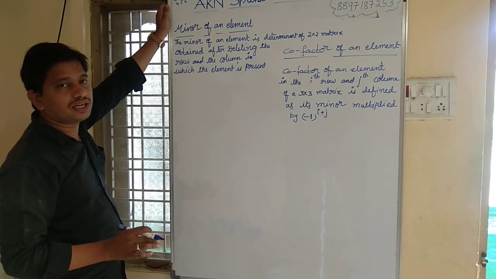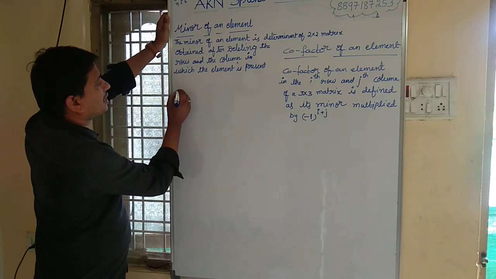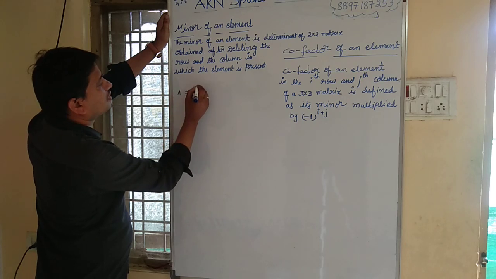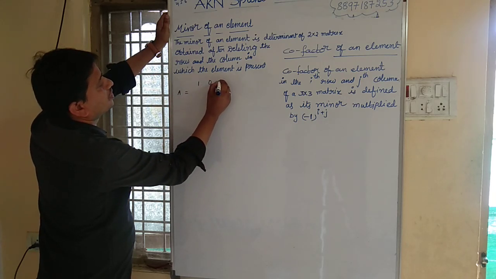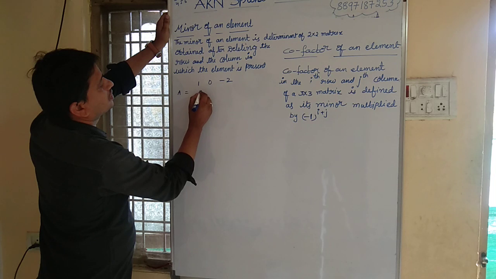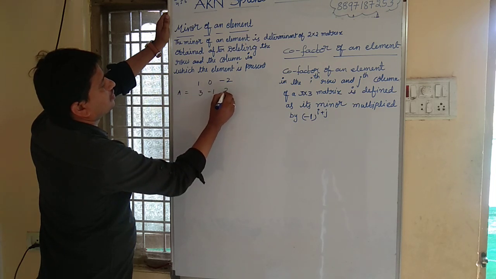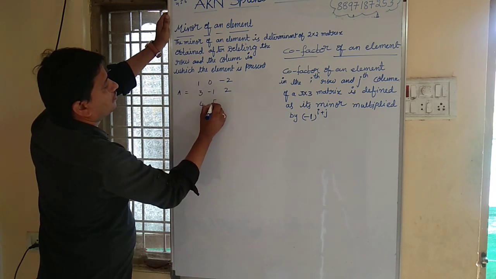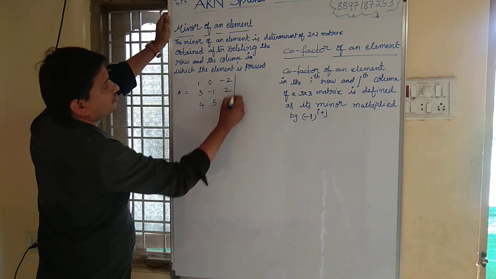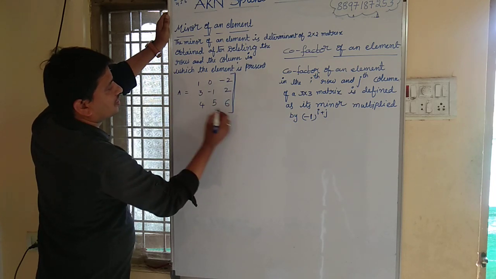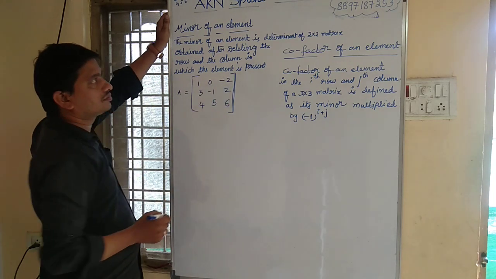Children, let me explain with an example. For example, consider a matrix A equal to [1, 0, -2; 3, -1, 2; 4, 5, 6]. So this is the matrix A.